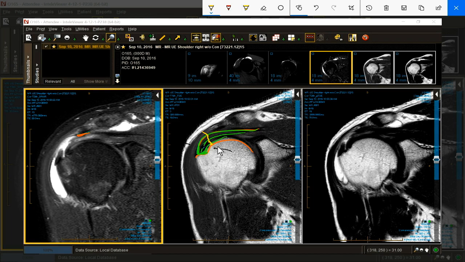And your job is to decide whether it does that. 1/4 thickness, half thickness, 3/4 thickness, all the way through. If it just involves the articular side, that's called a supraspinatus tendon articular sided tear, Stoss lesion. Let's keep going, shall we?